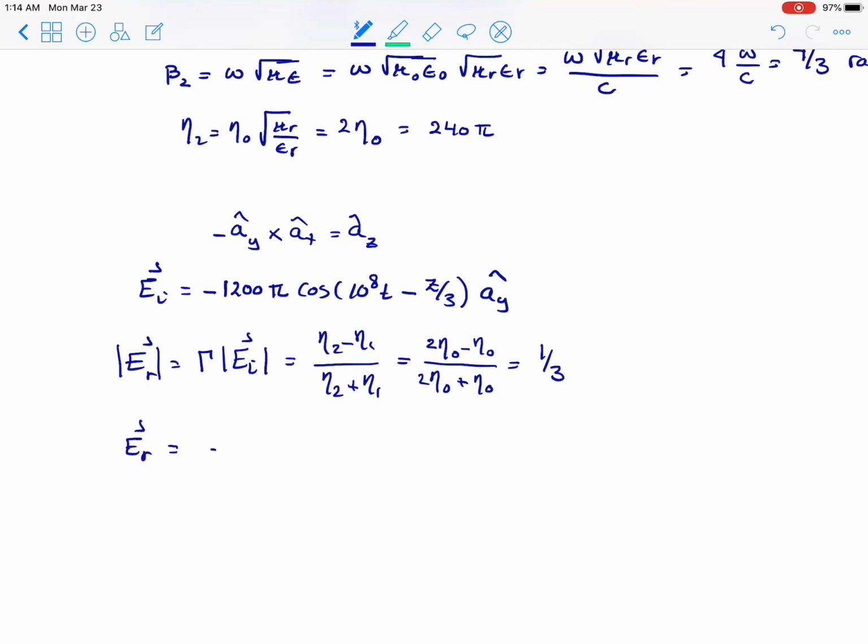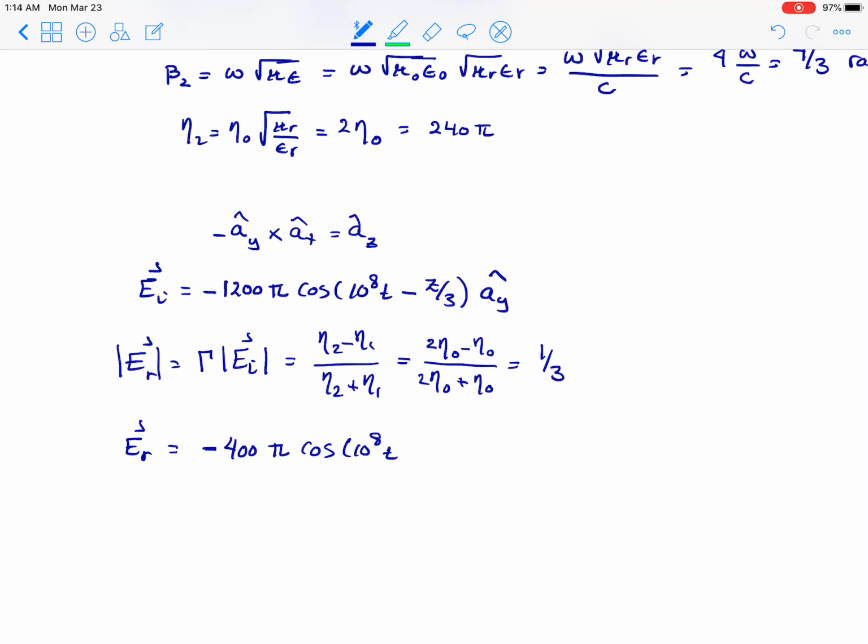Which means, in this case, the reflected field should be 10 times eta naught divided by 3, which is 1200 pi divided by 3, 400 pi, cosine 10 to the power 8 t.